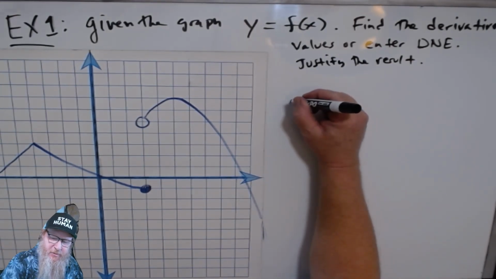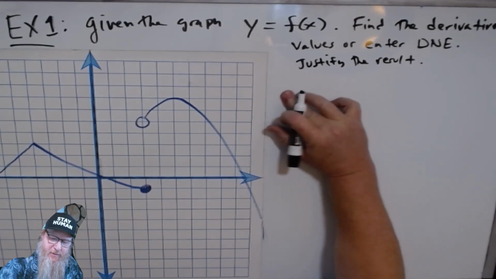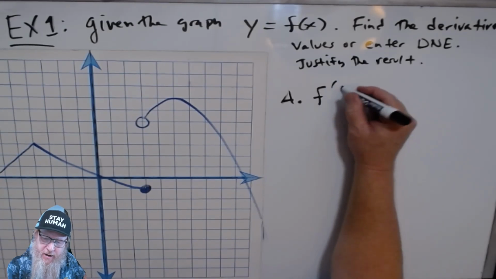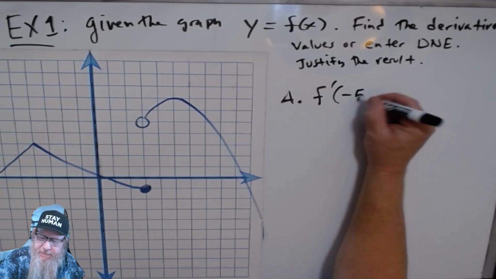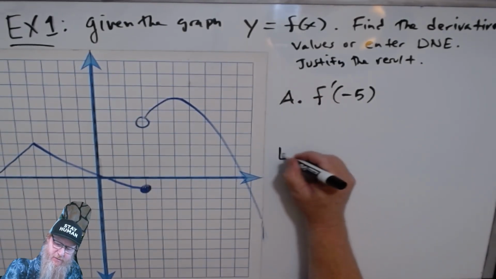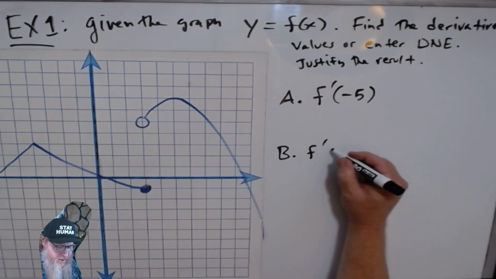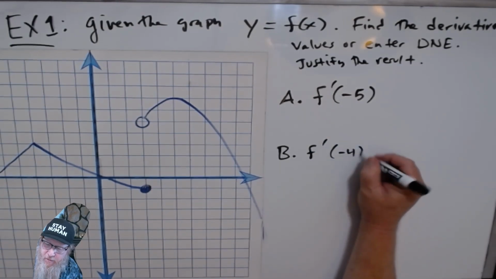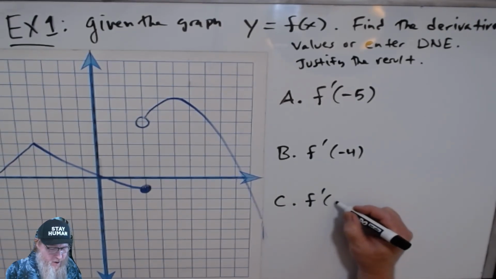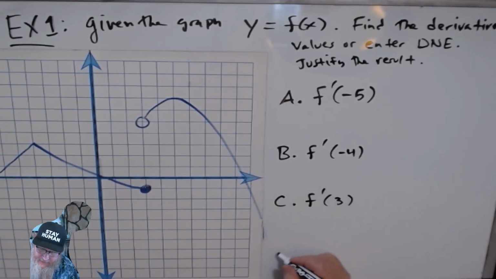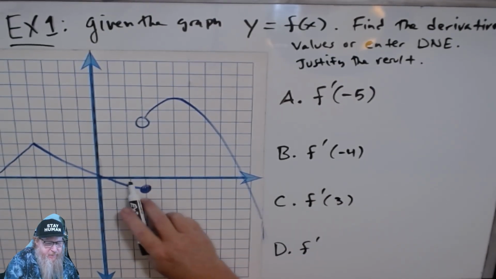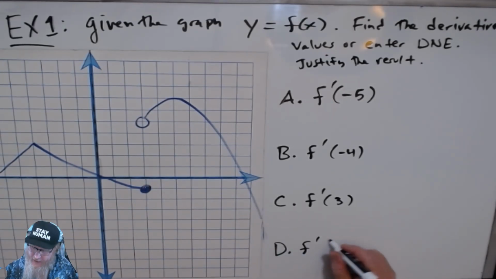So let's do several different versions here. Let's do f prime of -5. Let's do f prime of -4. Let's do f prime of 3 and f prime of +5.